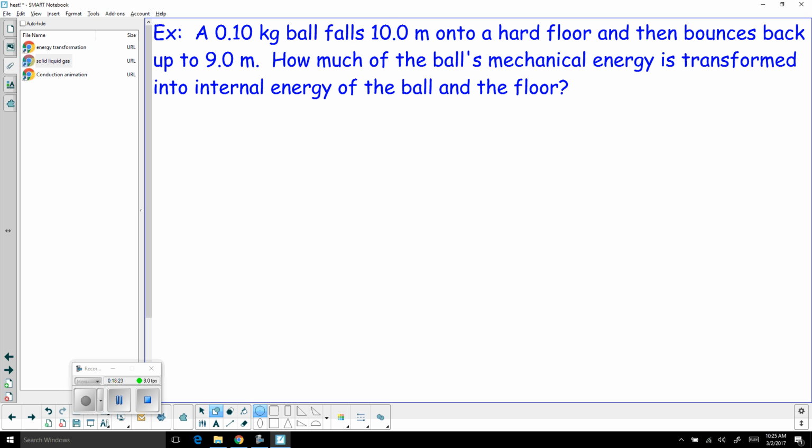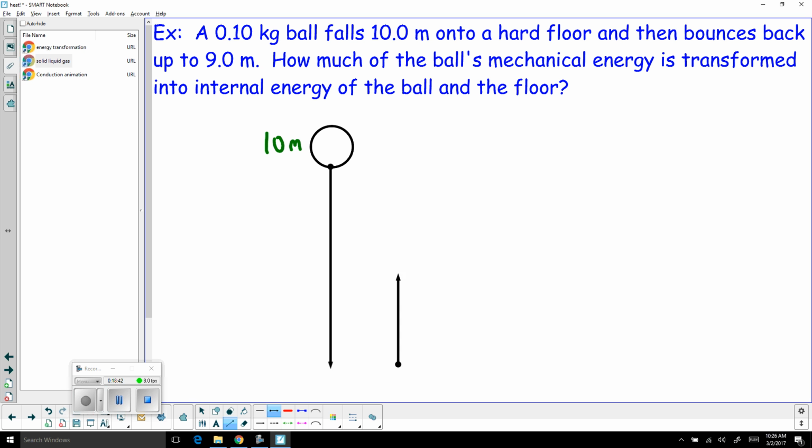The ball is going to be dropped initially from a height of 10 meters. The ball is going to go down, and then the ball is going to bounce back up to a height of 9 meters.